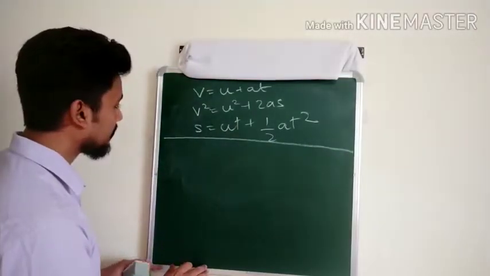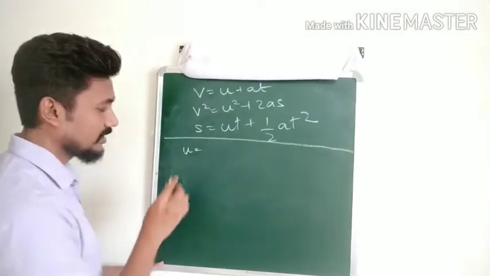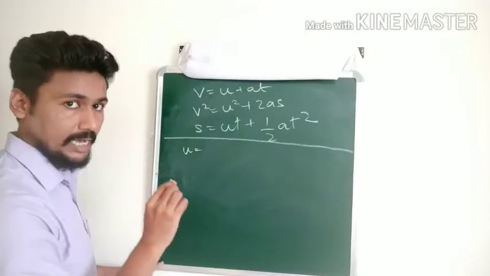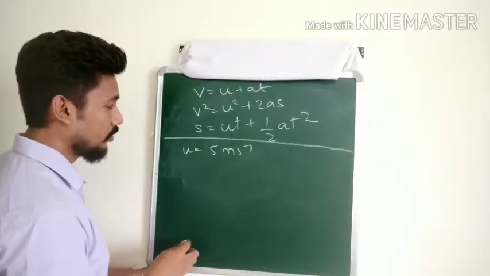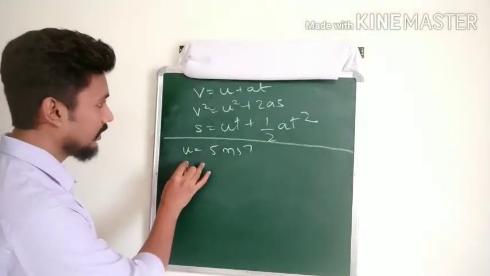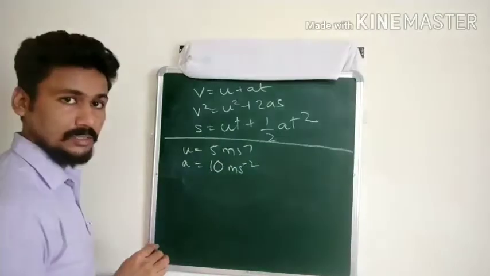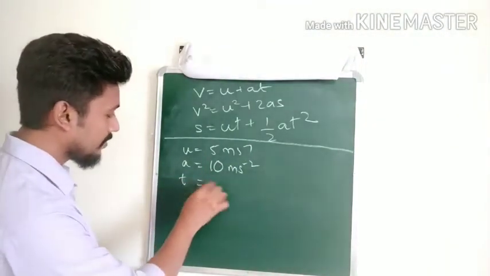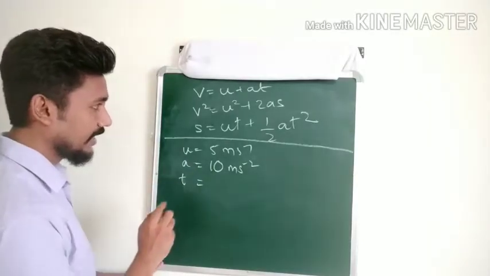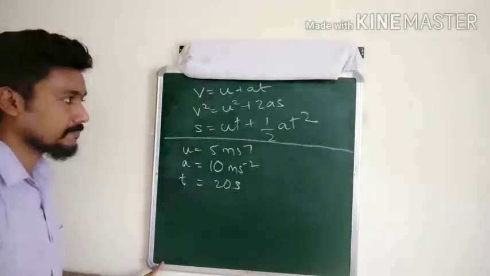For example, let us say we have been told the initial velocity of a particular car or vehicle is 5 meter per second. Okay, and we have been told the acceleration is 10 meter per second square. Okay, and we have been told the time taken to achieve this acceleration is, suppose, 20 seconds.